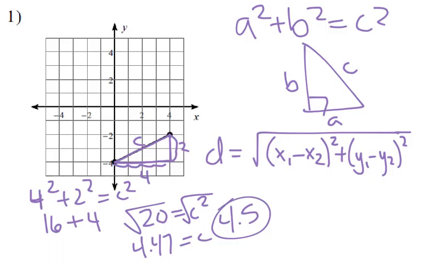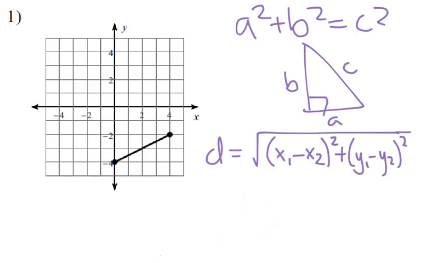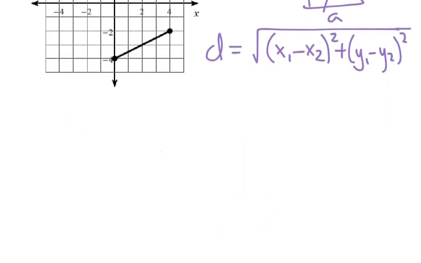So that's an easy way to do it using the idea of the Pythagorean theorem. Now, if you wanted to use the distance formula, you would think of it like this. You need those points. That point is (4, negative 2). The other coordinate is (0, negative 4). So we've got an x1, y1, x2, y2.